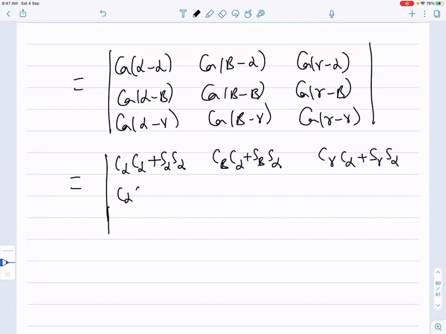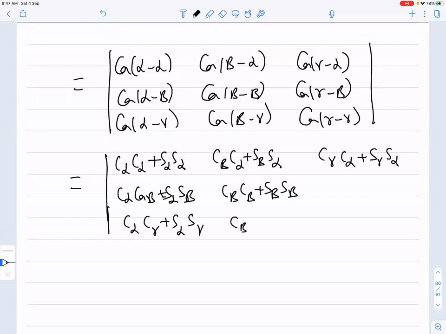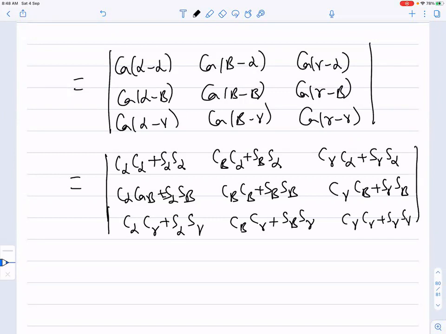This will be cos alpha cos beta plus sin alpha sin beta, and so on, writing completely: cos alpha cos gamma plus sin alpha sin gamma, cos beta cos beta plus sin beta sin beta, cos beta cos gamma plus sin beta sin gamma, cos gamma cos beta plus sin gamma sin beta, cos gamma cos gamma plus sin gamma sin gamma. Correct? So this will be split into what?